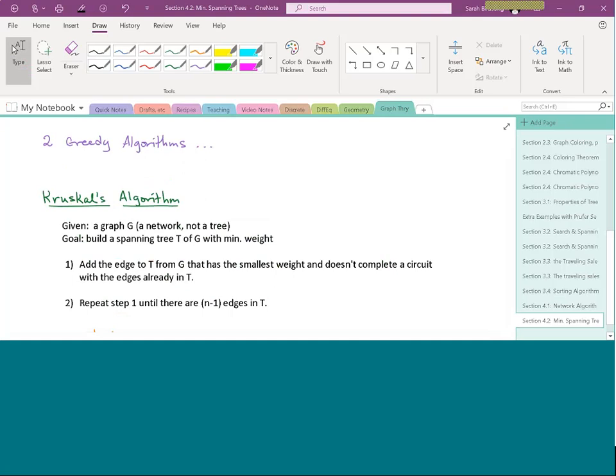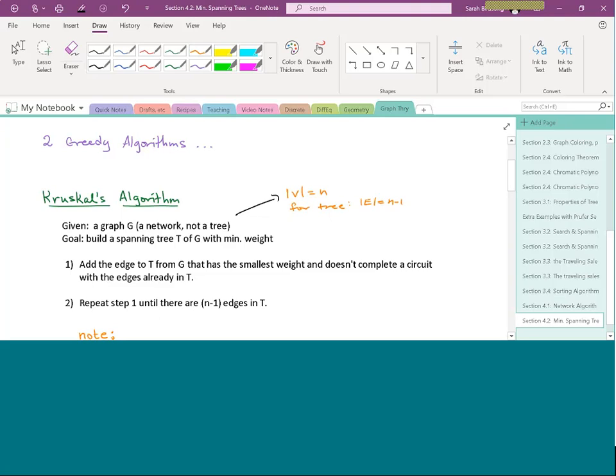People do different things, but notice if the weights on all of your edges are exactly the same, a minimal spanning tree is going to be the same as a spanning tree. Because if the number of vertices is n, and you build a tree, you always have 1 fewer number of edges.